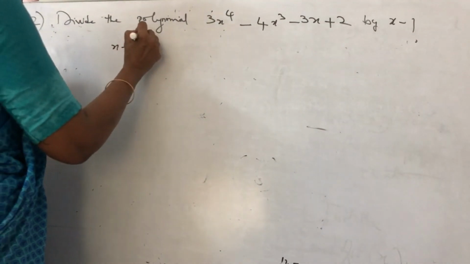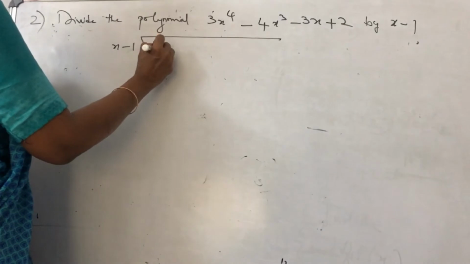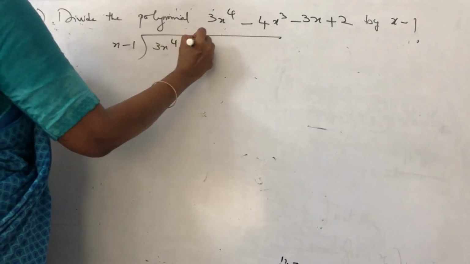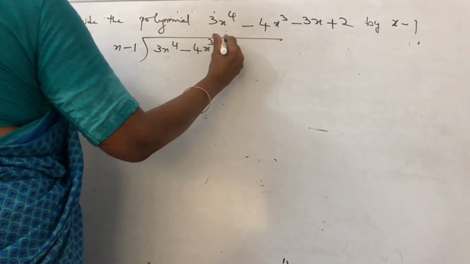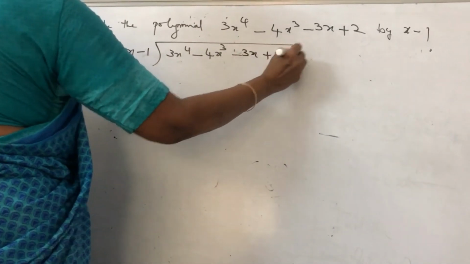Your divisor is x minus 1, children. Your dividend is 3x to the power of 4 minus 4x cube minus 3x plus 2.